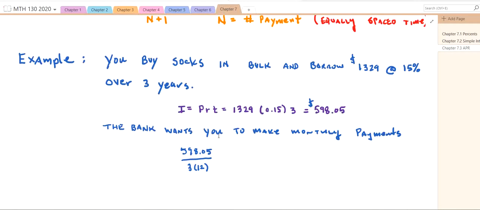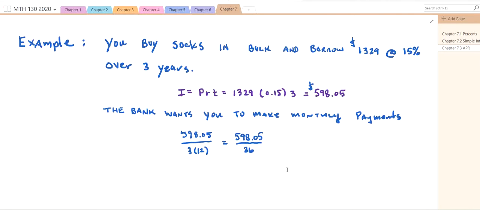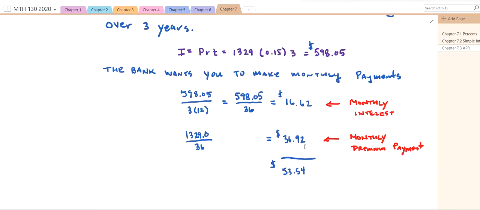Okay, the bank wants you to make monthly payments on this. So take the total value, $598 of interest you owe, and then divide it by 3 times 12, or 36 months, because that's how many months are in 3 years, which is $16.62 monthly interest. In addition to that, your monthly payment on the principal is $36.92. You add these two together, your total monthly payment is $53.54.